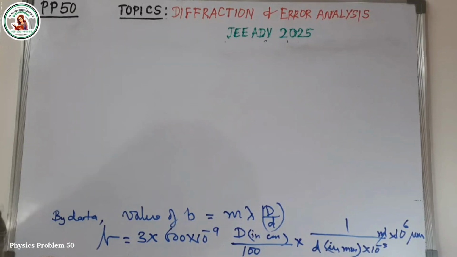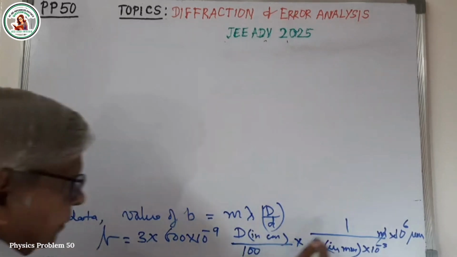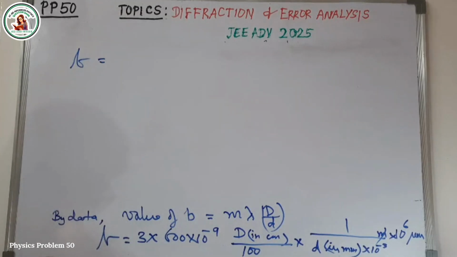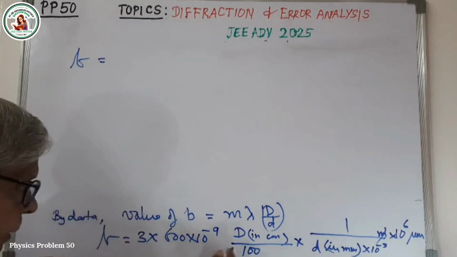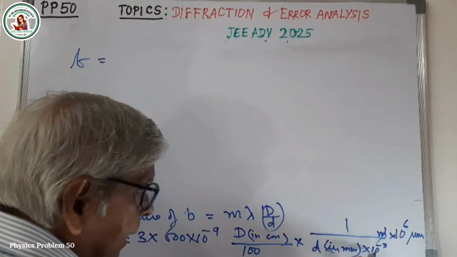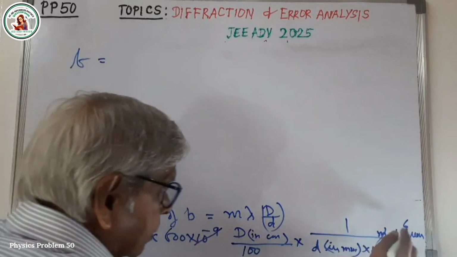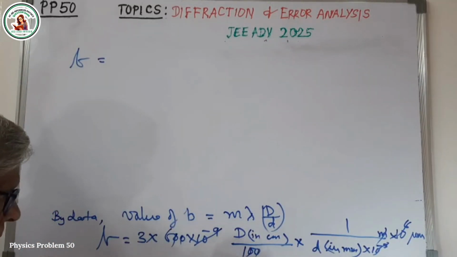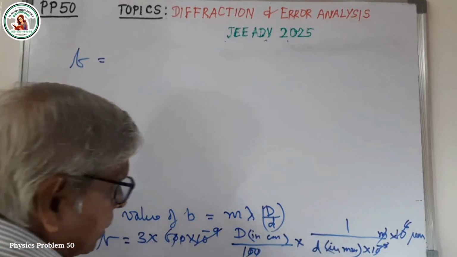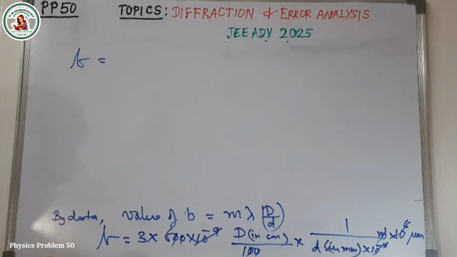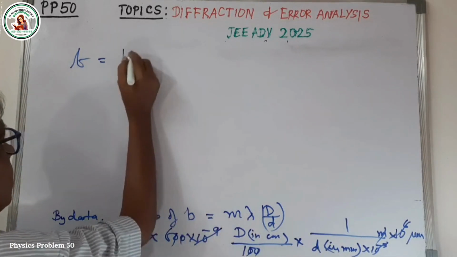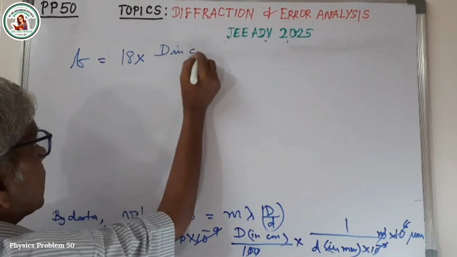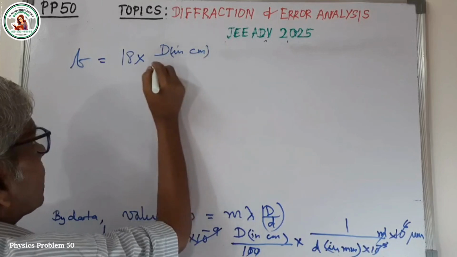So we got an expression for b, which you can further simplify. 10 to the minus 9 will cancel with this, 100 also you can cancel, so that you get b equal to 18 times capital D in centimeters upon small d in millimeters.